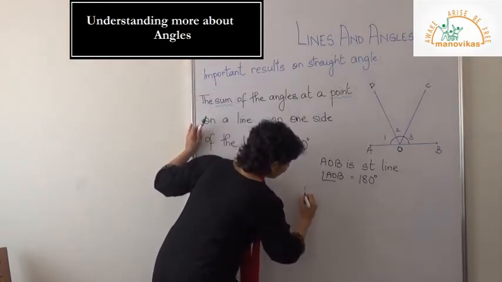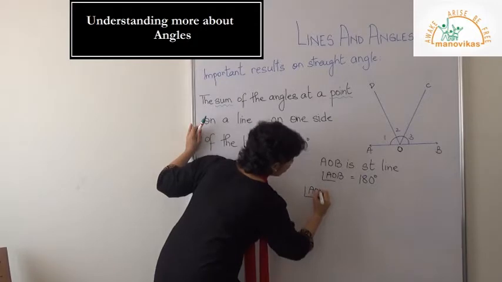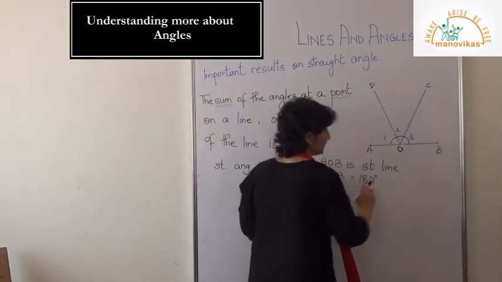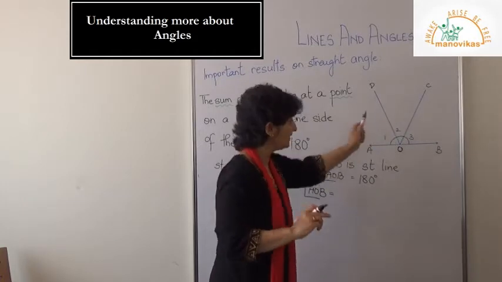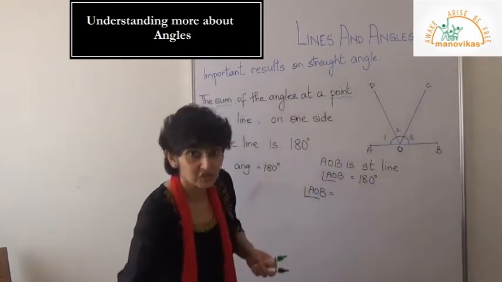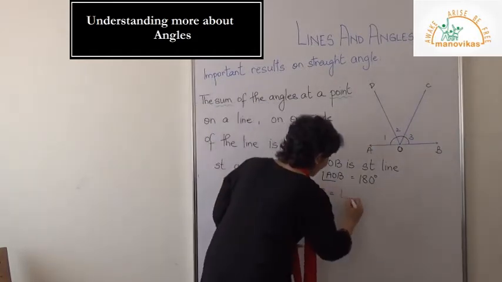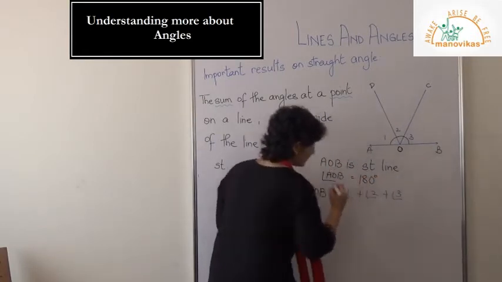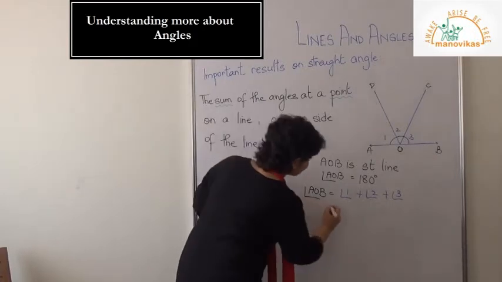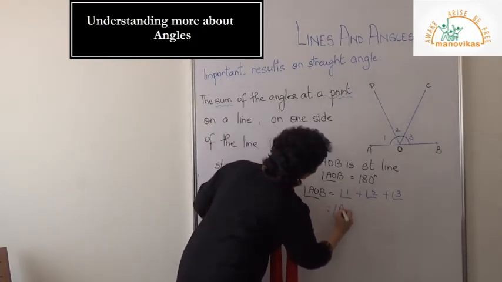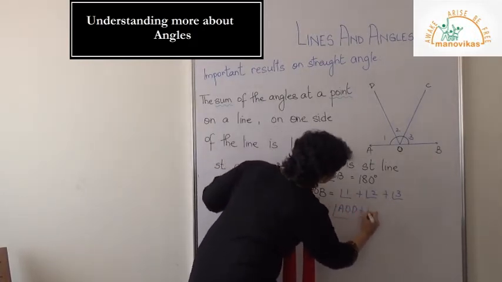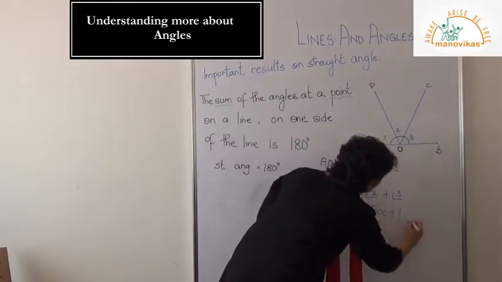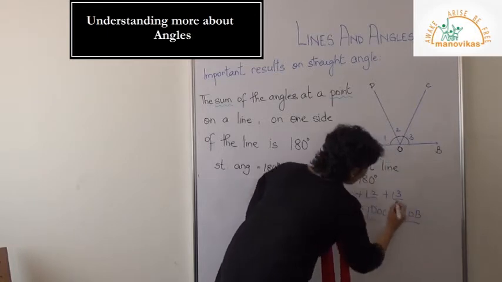Next, I know AOB is equal to, AOB is here. It is equal to all these three angles. Correct, children? It is equal to angle 1 plus angle 2 plus angle 3. Correct? Angle AOB is equal to angle AOD plus DOC plus angle COB.